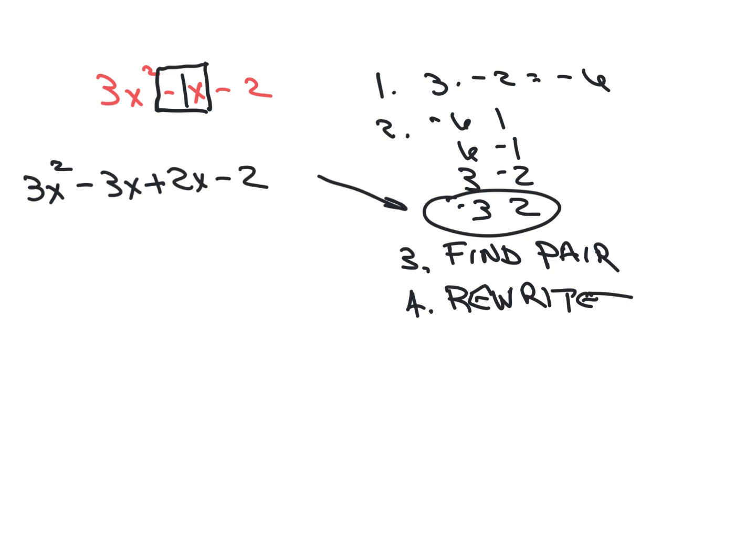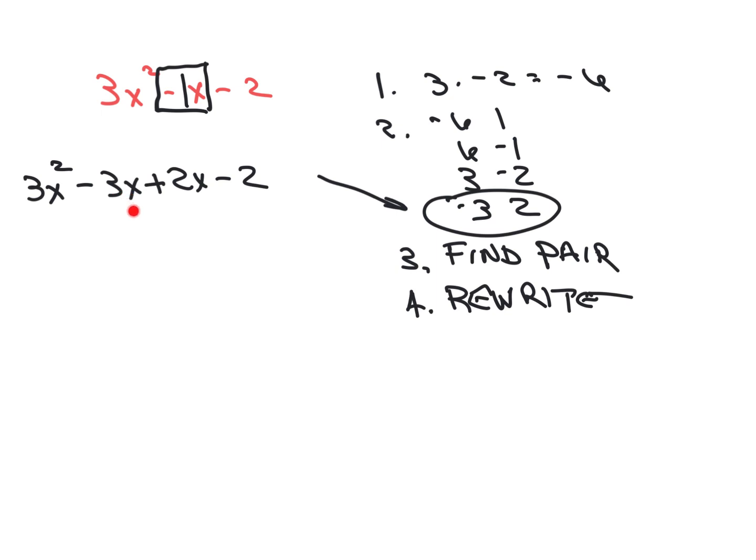Now, one of the things I want you to look at, this says minus 1x. This says negative 3x plus 2x. If you were to put these two together, you would get negative 1x. So we didn't change the value. We just changed what it looked like. We made it bigger. We just took two numbers and added them together to get this term right here. So we took this and we put it here.